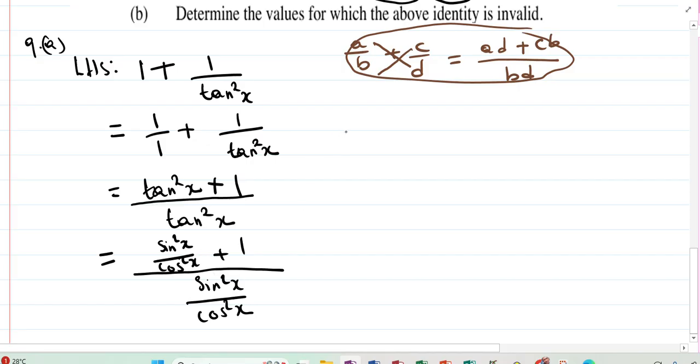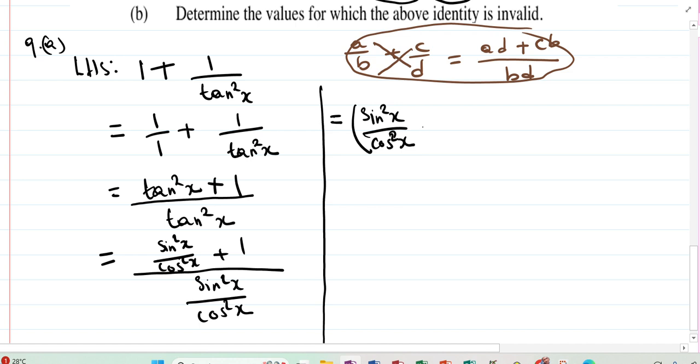And then when I continue with this equation right here, to make it simple, I can write it down as sine squared of x over cosine squared of x plus 1. And this divide right here, I write it here as divided by sine squared of x over cosine squared of x. But now I need to deal with this.